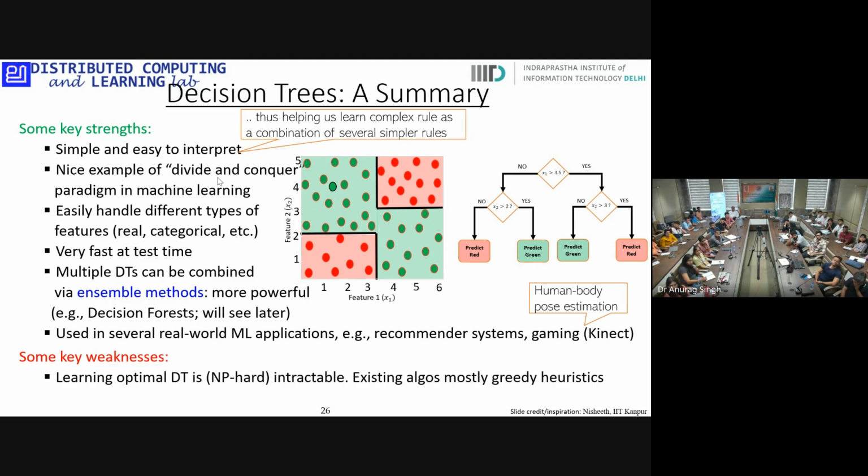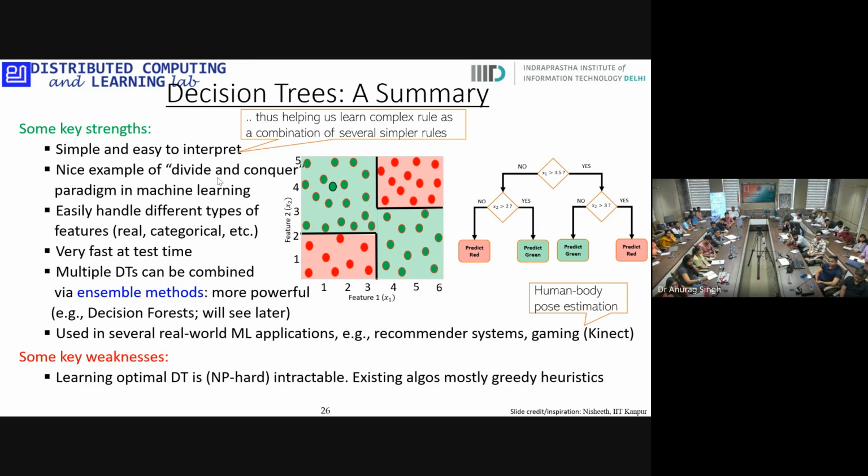But it has some weaknesses. In particular, learning an optimal decision tree is an NP-hard problem, intractable, unlike standard linear regression or logistic regression. For regression and classification, it is very much a discrete problem to solve, and therefore it is NP-hard.